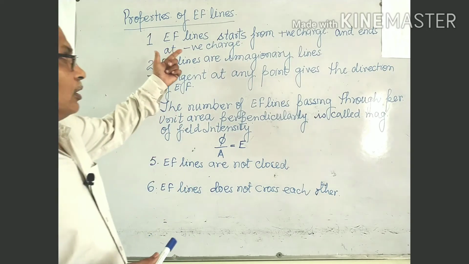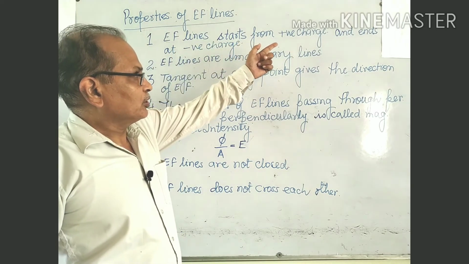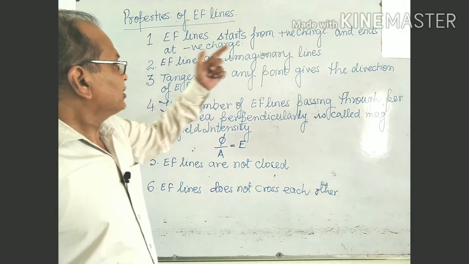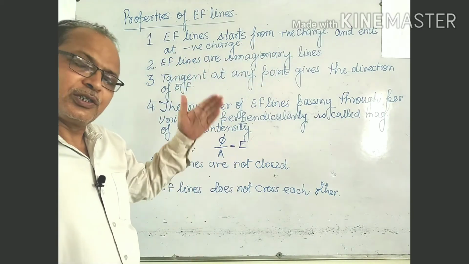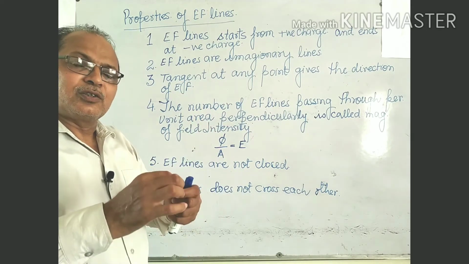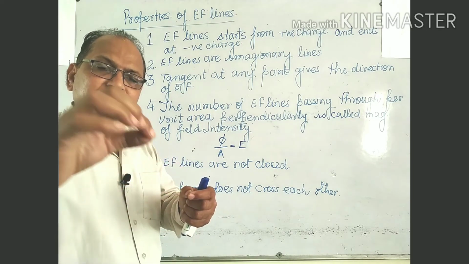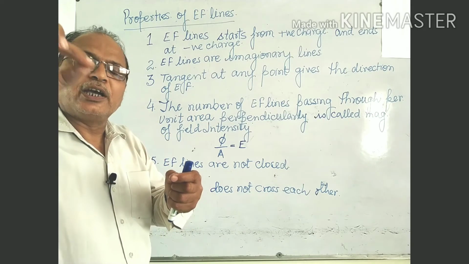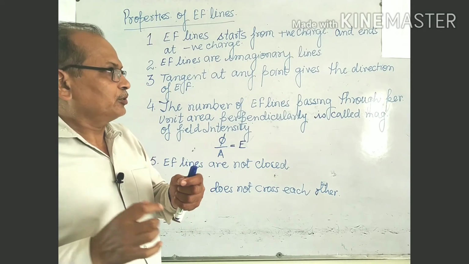First, an electric field line starts from a positive charge and ends at a negative charge. You just studied in the previous article that the electric lines originate from the positive charge and end at the negative charge.